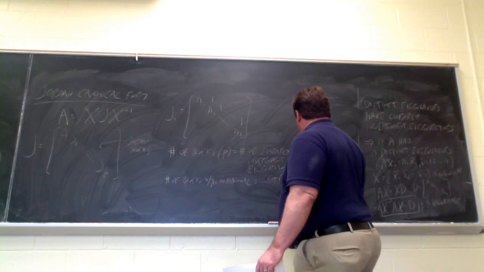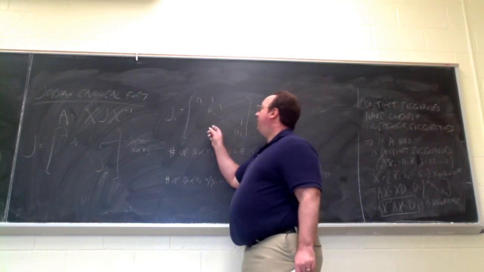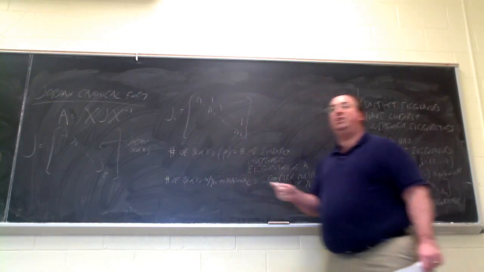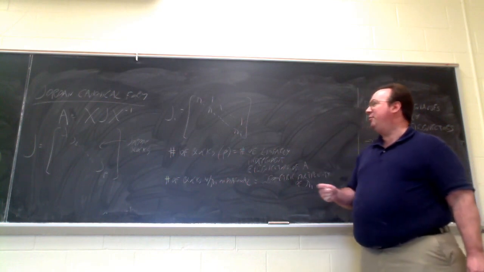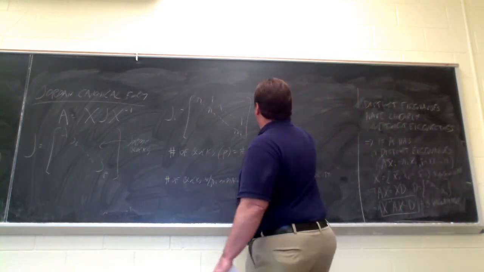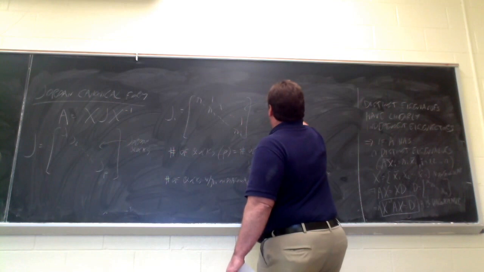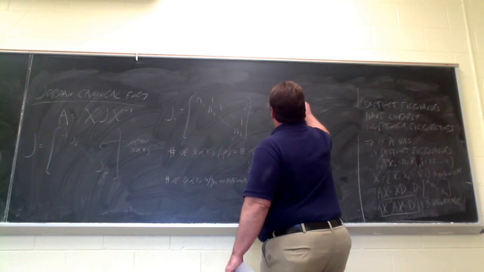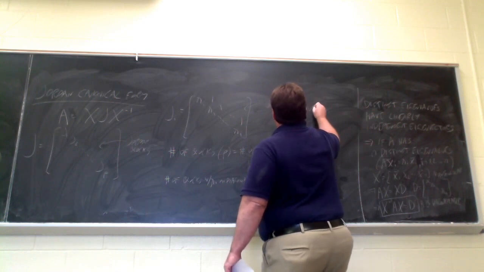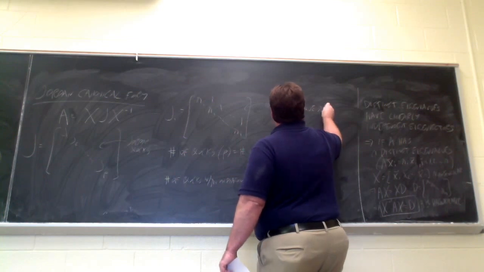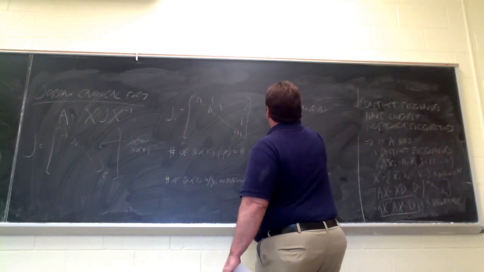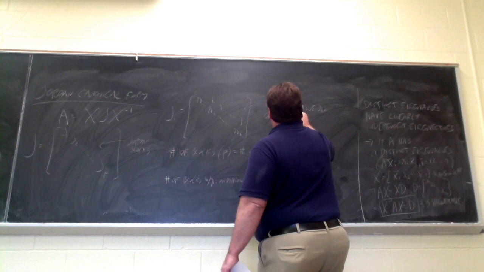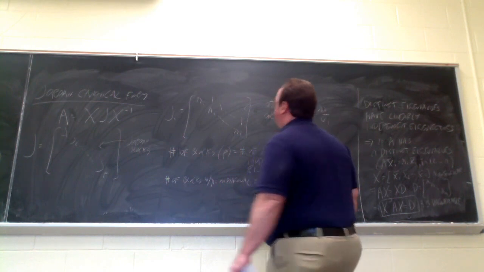Because what you see here, this matrix here, is not diagonalizable. It is the quintessential non-diagonalizable matrix. It has one distinct eigenvalue, lambda i, and it has one eigenvector, which is just e1.